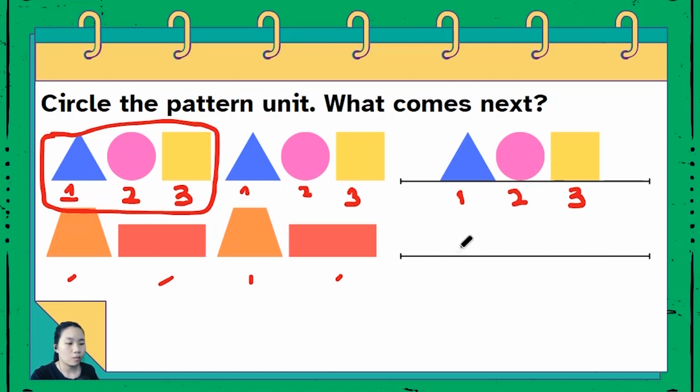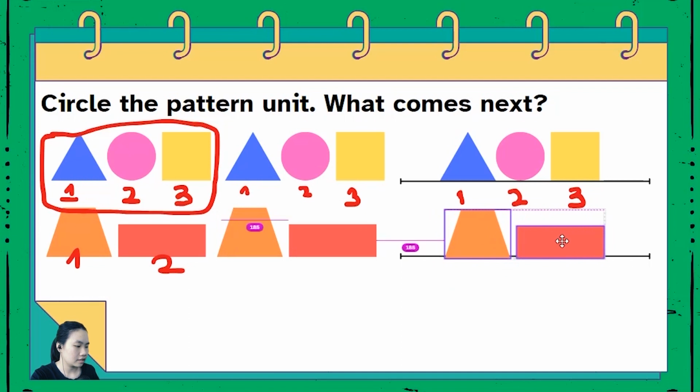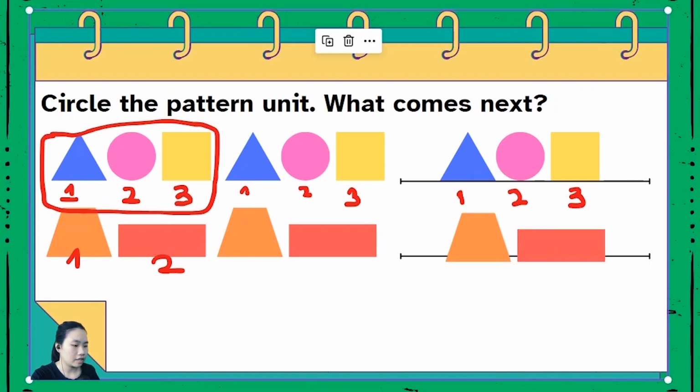So can you figure out what our pattern unit is? It is 1 for the trapezoid and 2 for the rectangle. Oops. Let me just erase these real quick. So what comes next after this? 1, 2, 1, 2, 1, 2. Copy and paste. There we have it. All right. 1, 2, 1, 2, and 1, 2.